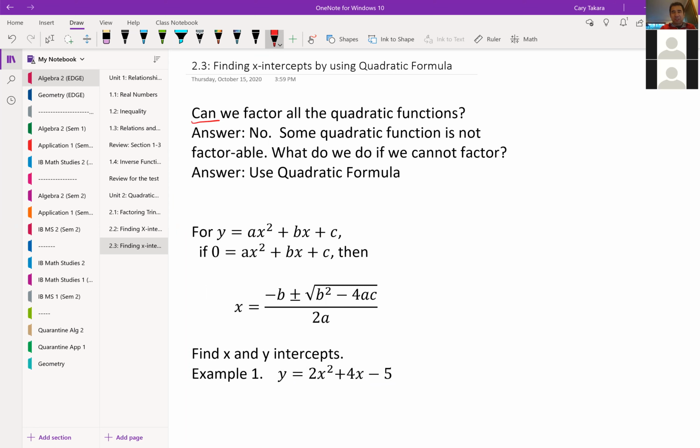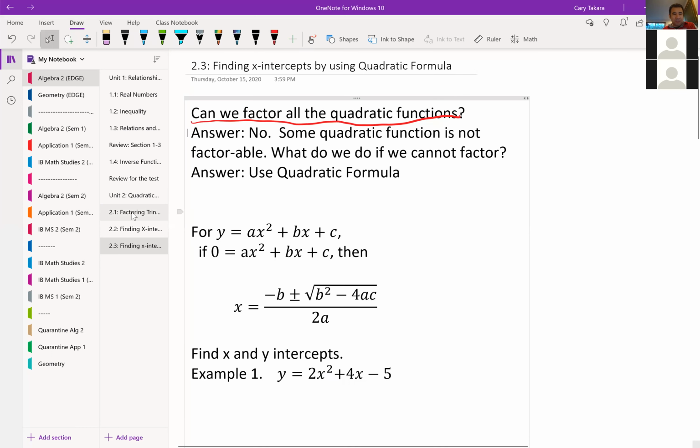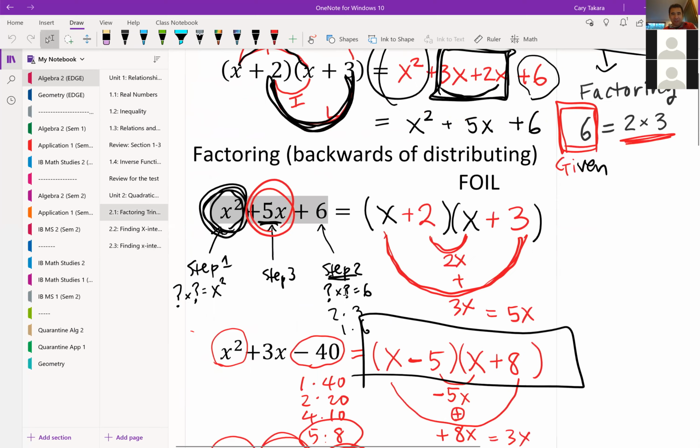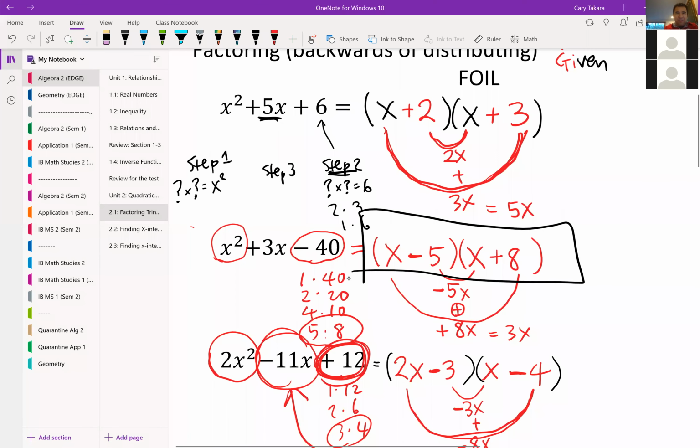Well, first of all, question is, can we factor all the quadratic functions? The answer is no. All the quadratic functions. Okay, so let me show you. Okay, we have been factoring, right? Of like this one right here, right? We factored it, and it was 2 and 3, and we were able to factor.